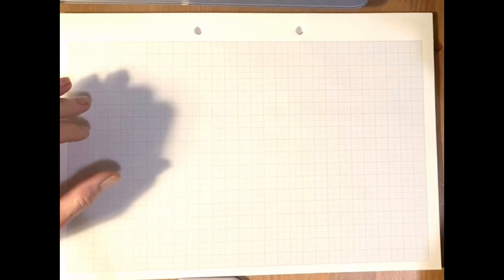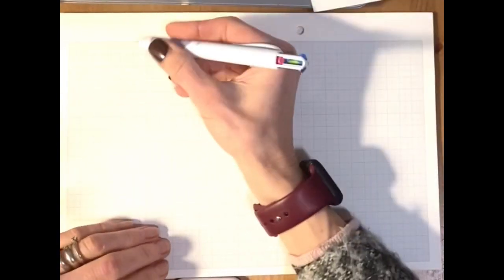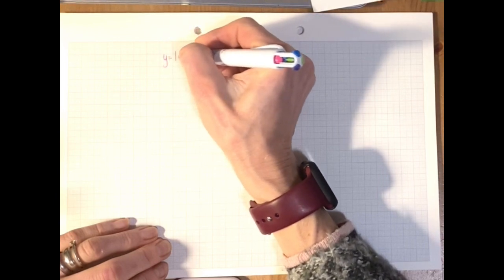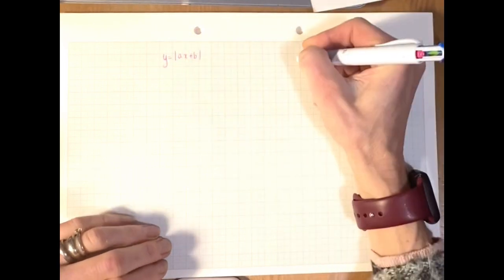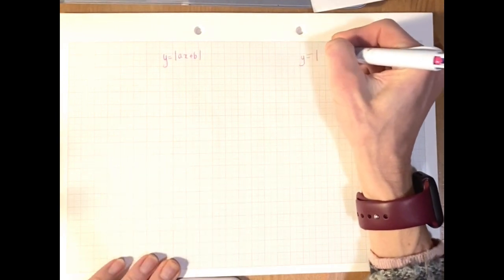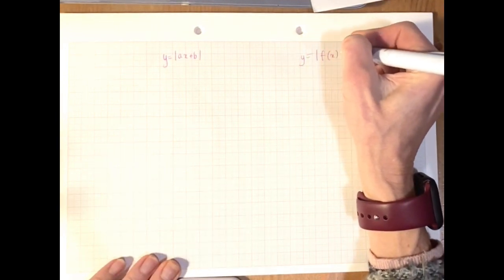Okay, so I'm going to show you how to sketch the graph of y equals modulus of ax plus b, and also a curve y equals modulus of f of x.